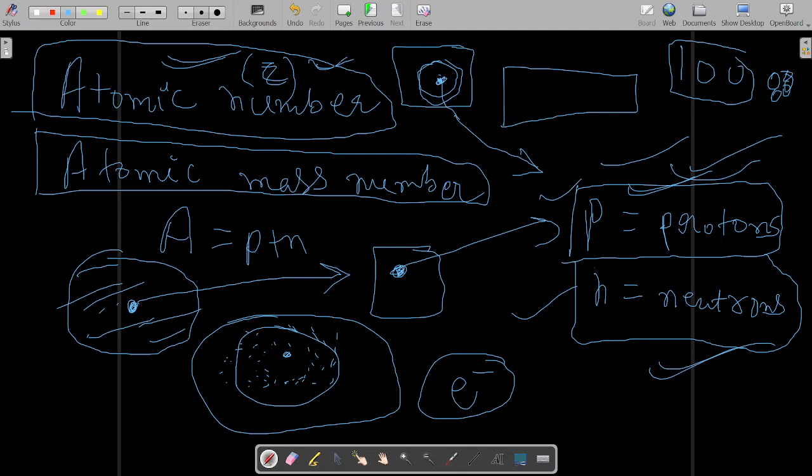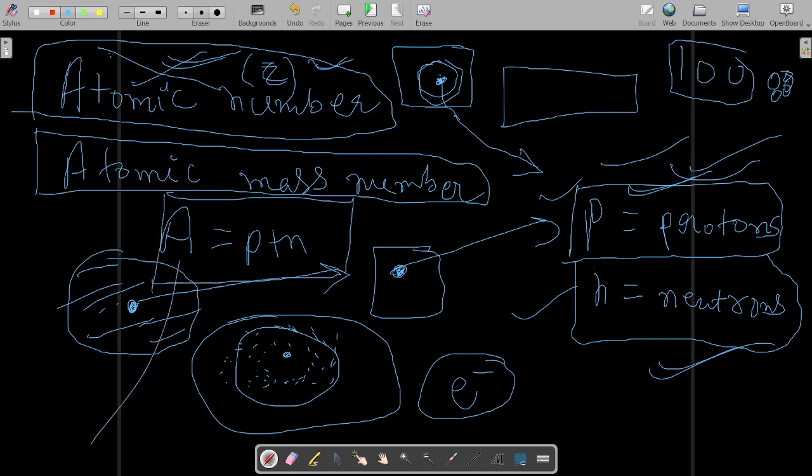So even if you have left chemistry after 12th standard, you don't have to worry that you don't understand the atomic number, because atomic number is not very useful for physics people. For physics people, atomic mass number is very useful.